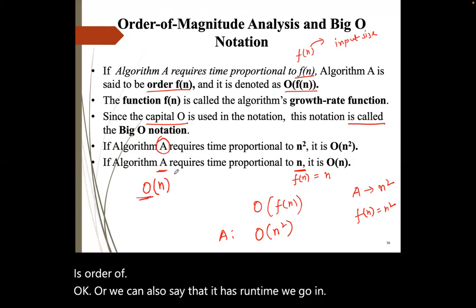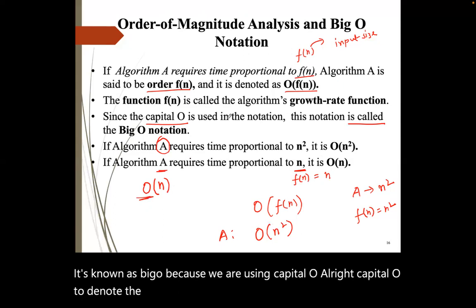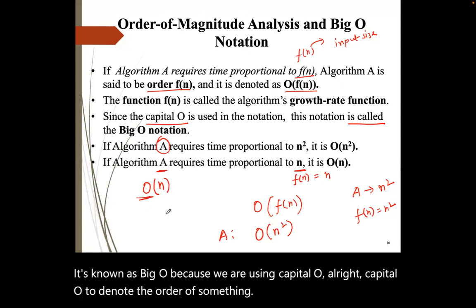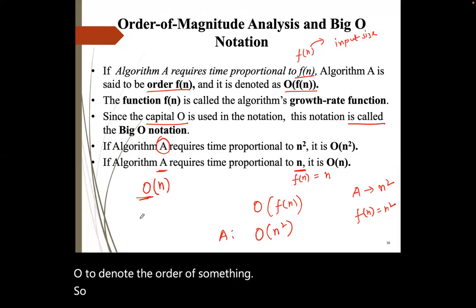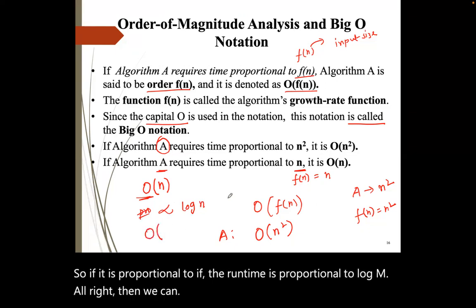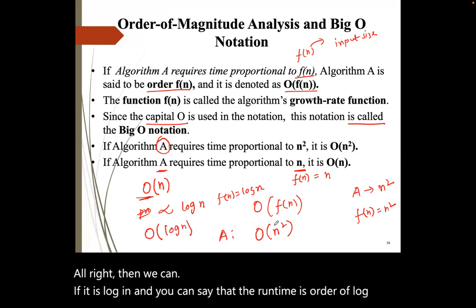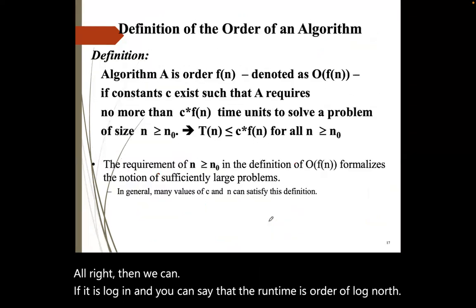It's known as big O because we are using capital O to denote the order of something. If the runtime is proportional to log n, then f of n is log n, and we can say that the runtime is order of log n.